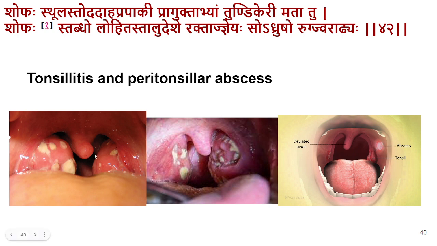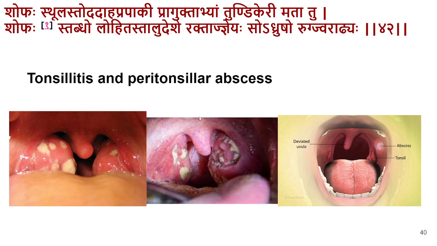So deviated uvula is seen in case of chronic tonsillitis or peritonsillar abscess like conditions. Whereas in case of acute tonsillitis, the uvula may not be shifted. So that's one of the basic differences which we make out clinically. Now these are considered as tundikeri and adhrusha.